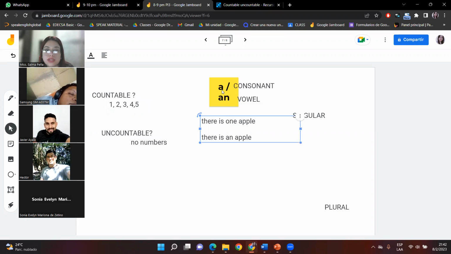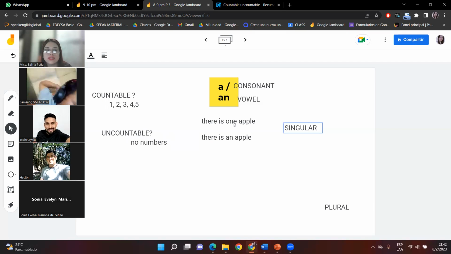When we use a or an, it is for singular nouns. But if you see one apple and an apple, it is the same expression. So you have a number. You are talking about singular countable nouns.